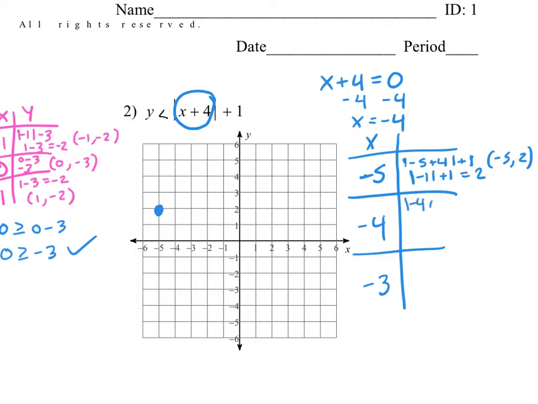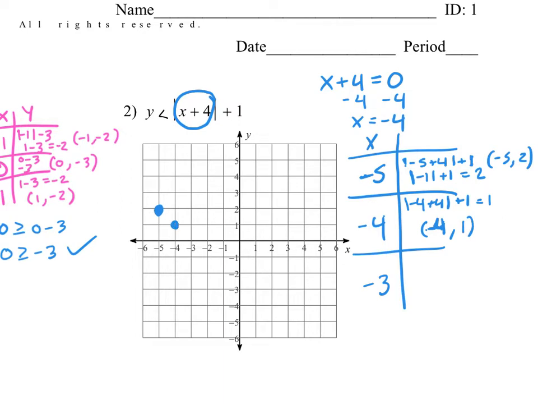So we have -4 plus 4 plus 1. -4 plus 4 is 0. Plus 1 is just 1. So our point here is 0. Oops, it's -4 because we plugged in -4. Comma 1. So we go to the left 4, up 1.